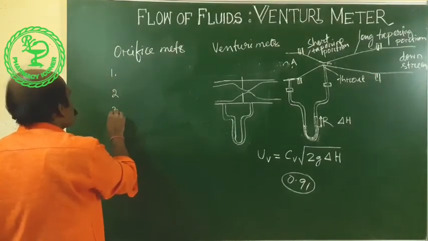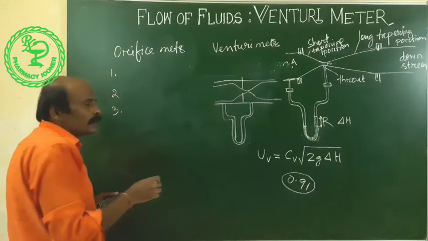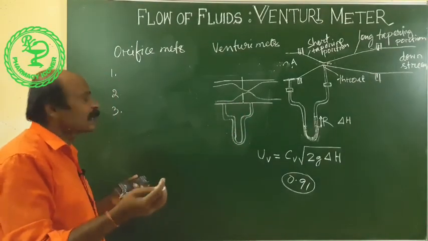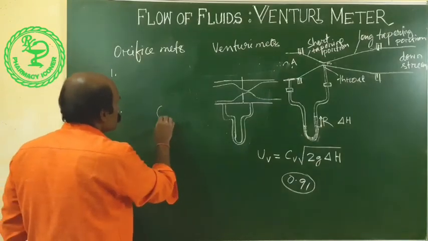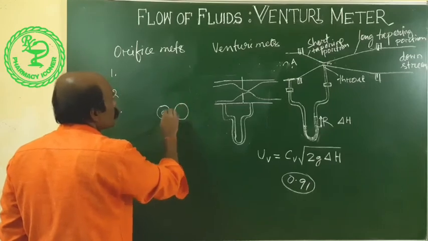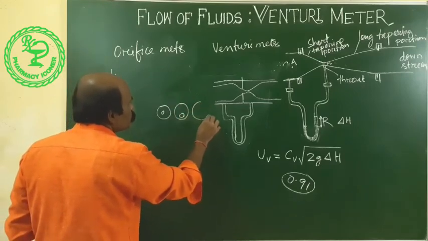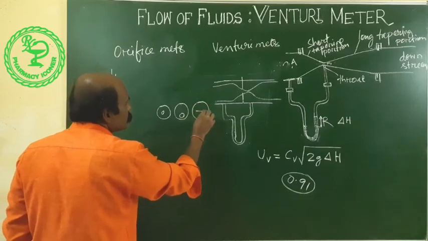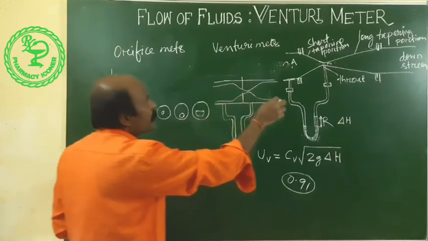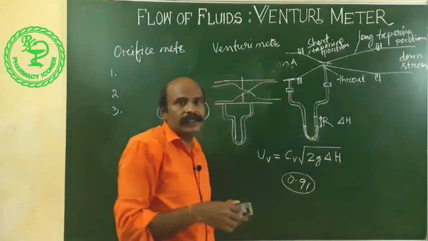Number 3, the orifice meter is flexible because it has different structures like concentric, eccentric or segmental, but in the case of the venturi meter it is a fixed rigid structure.